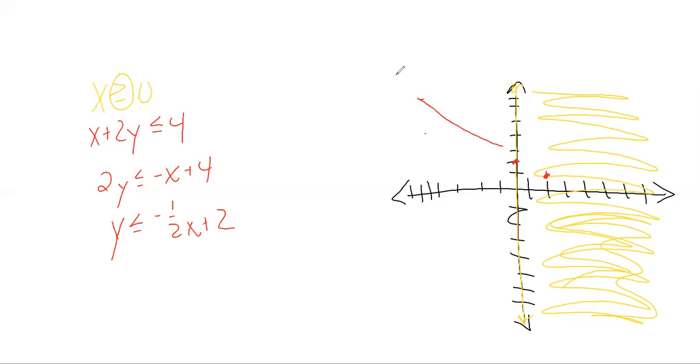Oops. Solid line. Let's get rid of that line. Now I have to shade. Well, put 0, 0 in there. 0 is less than or equal to 0 plus 2. Is 0 less than or equal to? Yes. So I shade down.